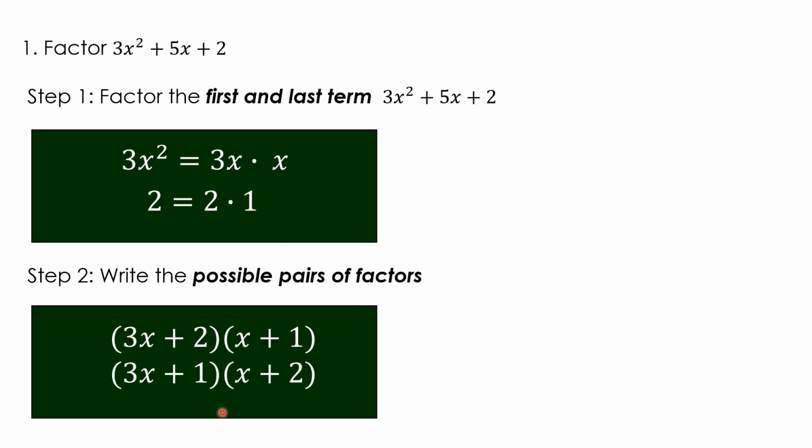And also other possibilities or groupings, we have 3x plus, now let's try 1 here, and then times the quantity of x plus 2. So we just rearrange it and try other possible pairs, or that is what we call trial and error.